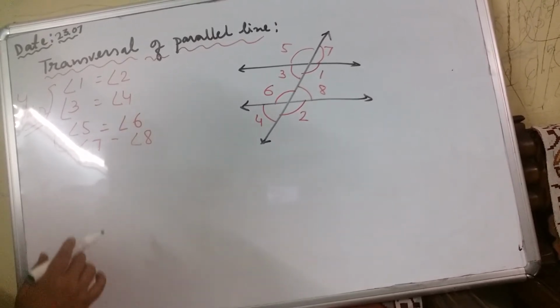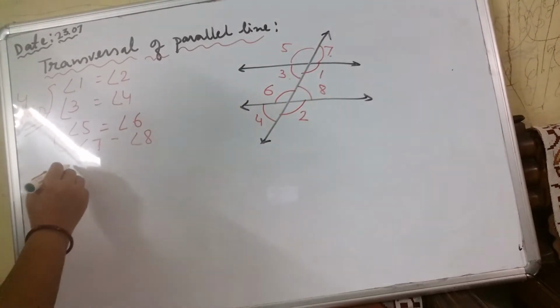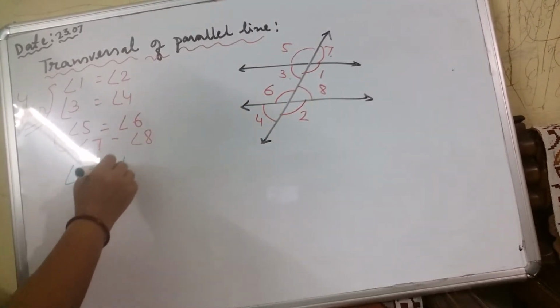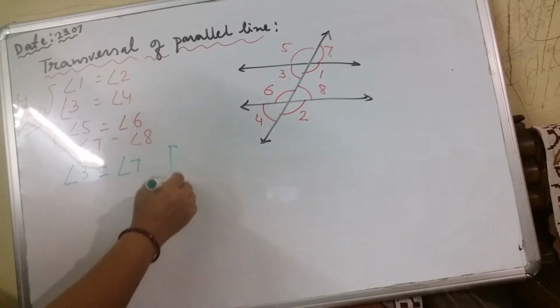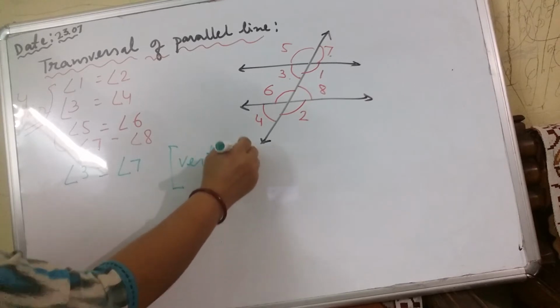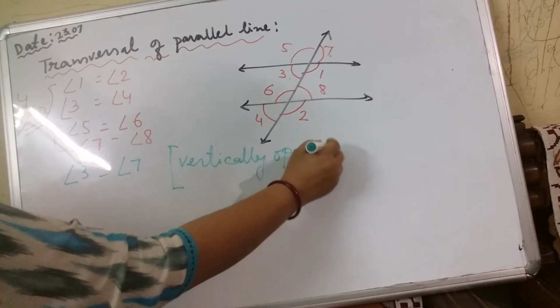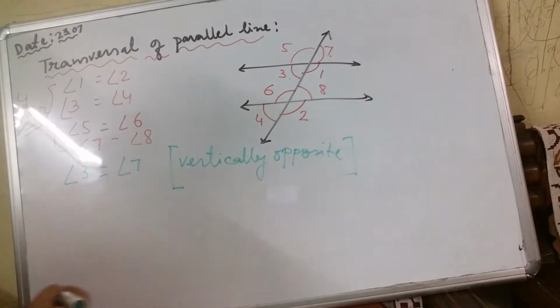Now angle 3 and angle 7 are also equal because they are vertically opposite angles, and vertically opposite angles are equal in measure, that we know.